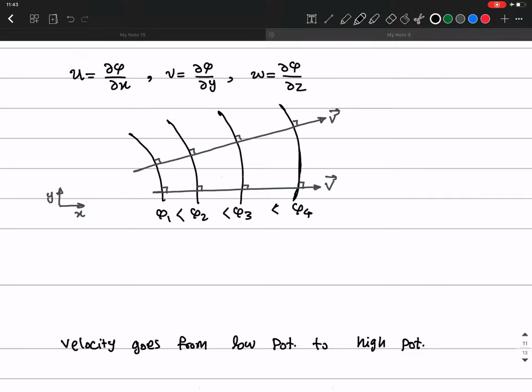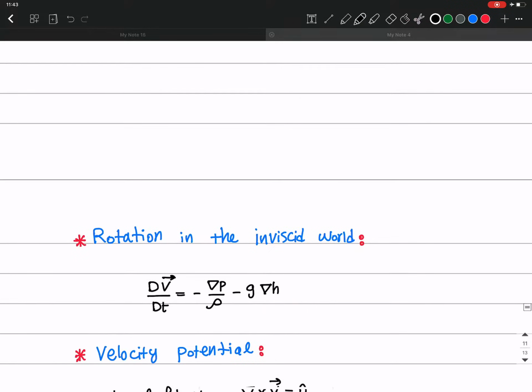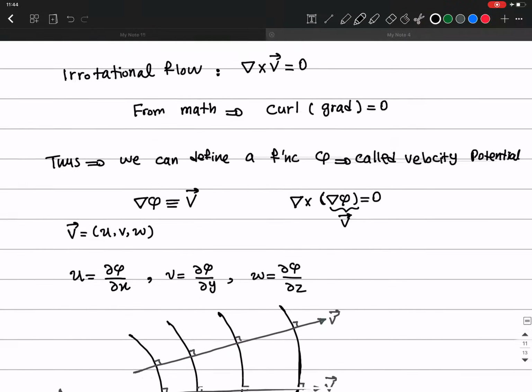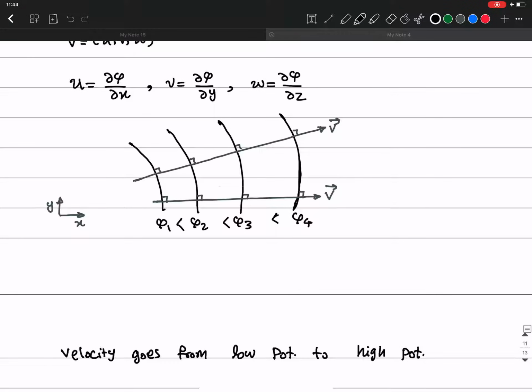It might be a little bit counterintuitive compared to pressure gradients, because when pressure is higher, the pressure goes from high to low, so it's a little bit different. But here we have the velocity potentials, where the flow will go from low potential to high potential.